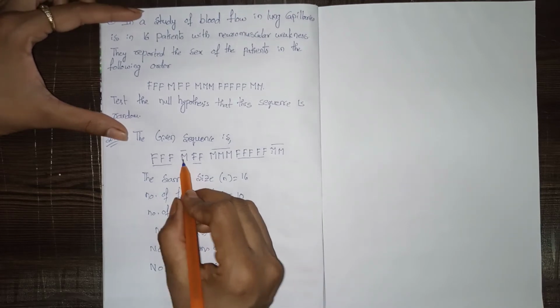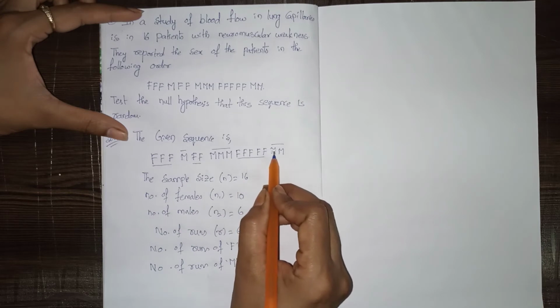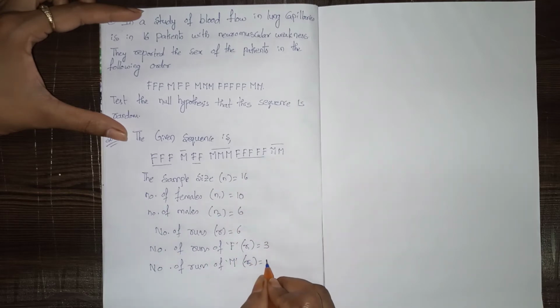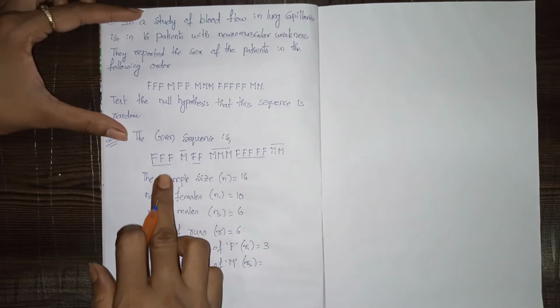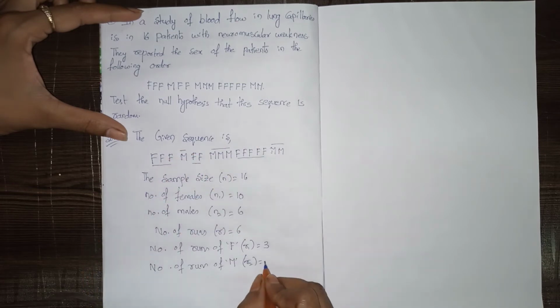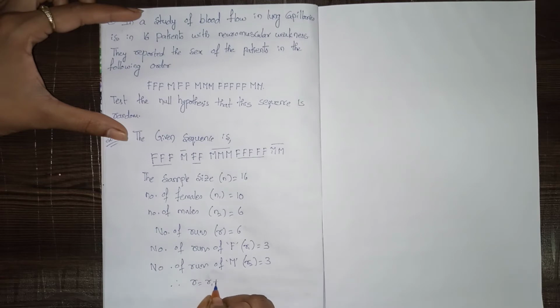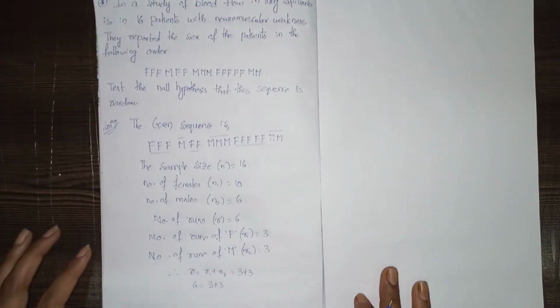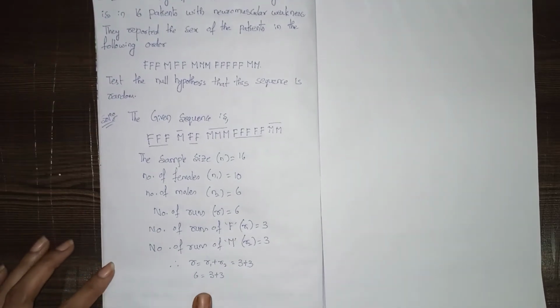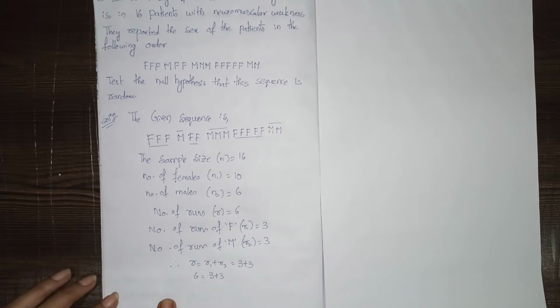We see 1 2 3, only 3 runs. Therefore R equals R1 plus R2, isn't it? Yes, because 6 equals 3 plus 3. So it is true.